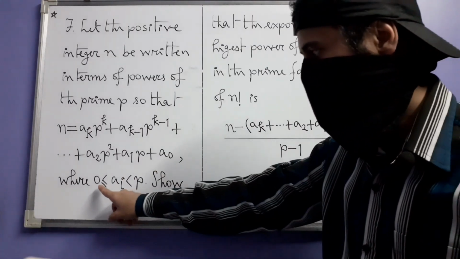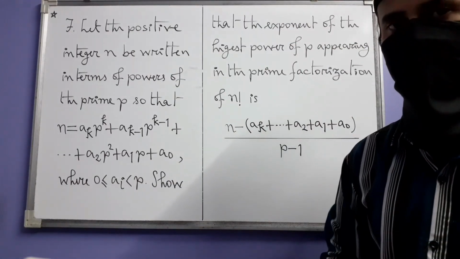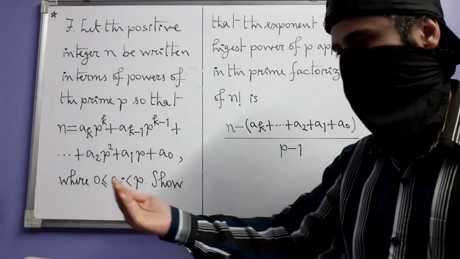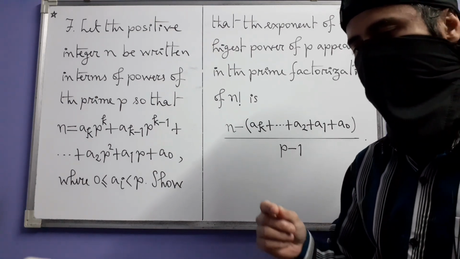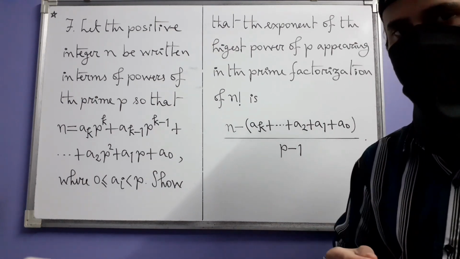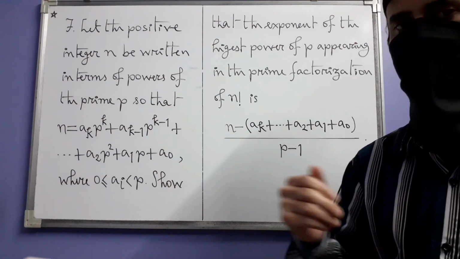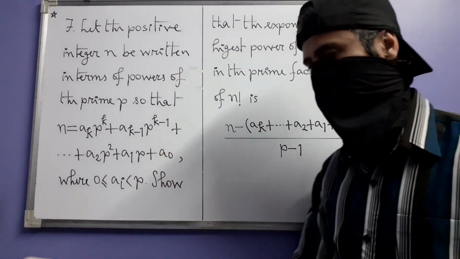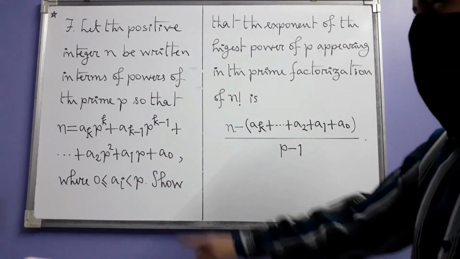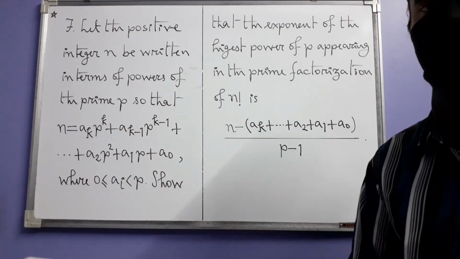There are p available digits here from 0 all the way up to p minus 1, just like there are 10 digits available in the decimal system starting from 0 ending at 9. But anyway, that's not the point here. The point is that n has been expressed like this.